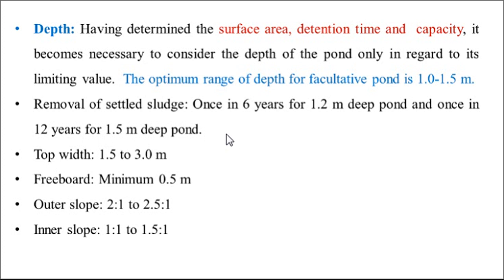Means when we are removing the sludge after 6 years, the depth is kept 1.2 meter, and when after 12 years, the depth is kept as 1.5 meter.